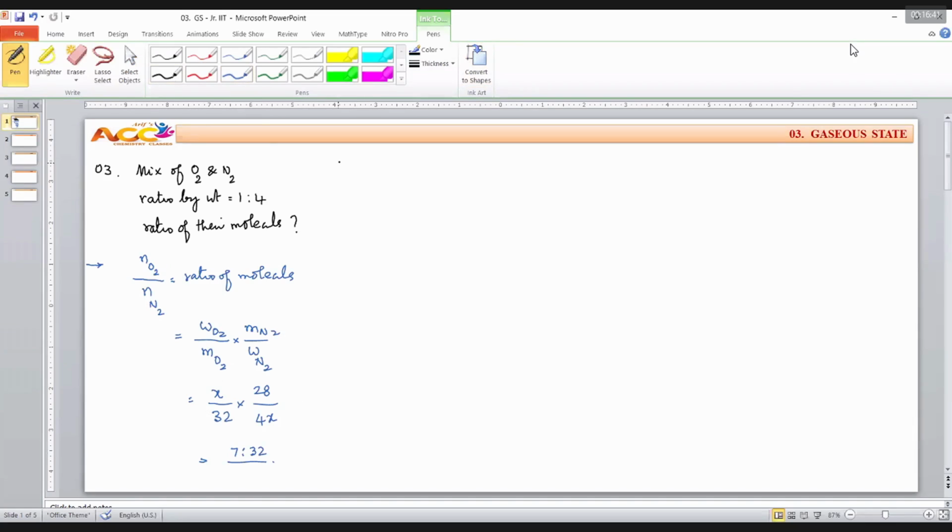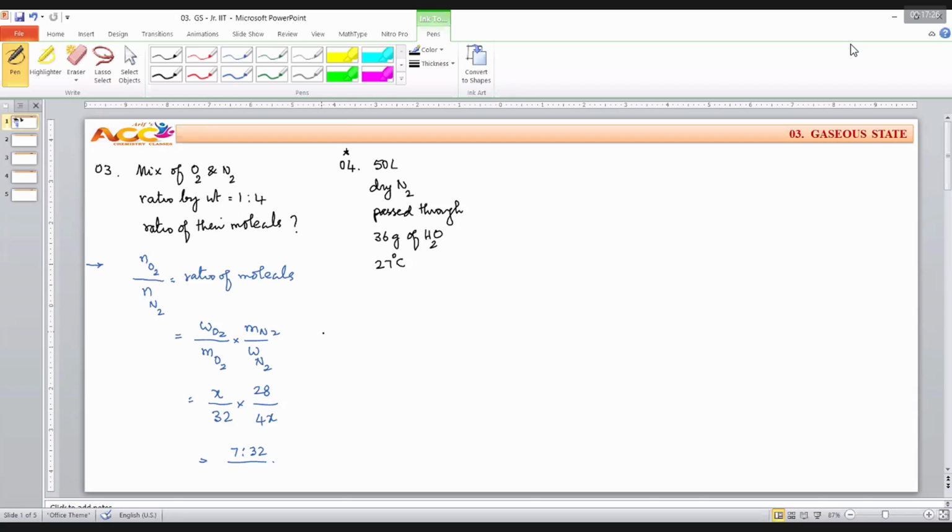Next, question number 4. Make a star on this question, especially doctors. 50 liters of dry nitrogen is passed through 36 grams of water at 27 degrees centigrade.